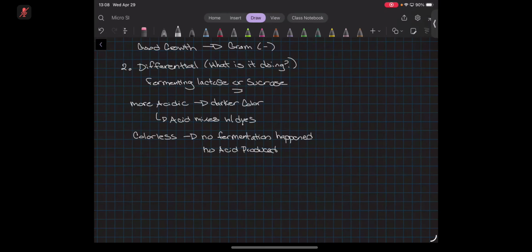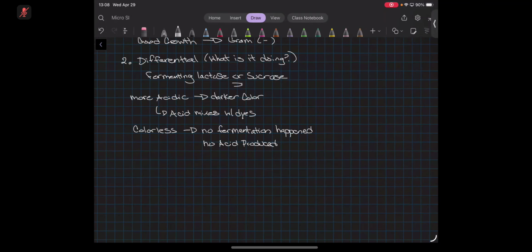So for the EMB, the colors that I saw were pink, purple, and green. So then we have pink, or like a light pinkish, purplish. And these are the colonies.